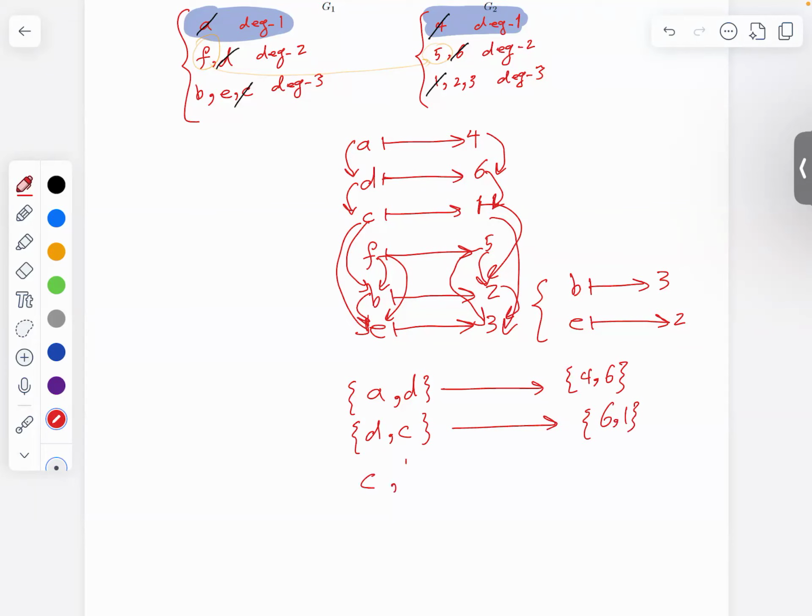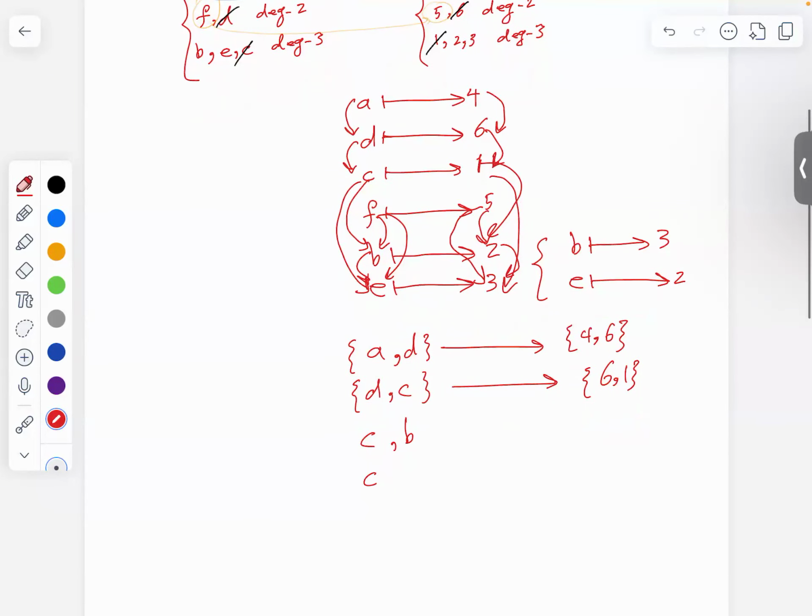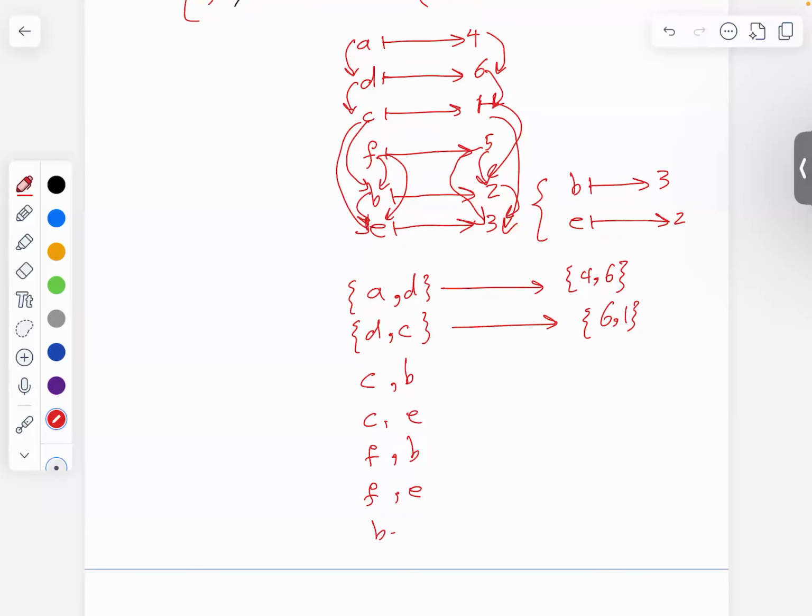C, B, C, F, B, F, E. You can complete these things.